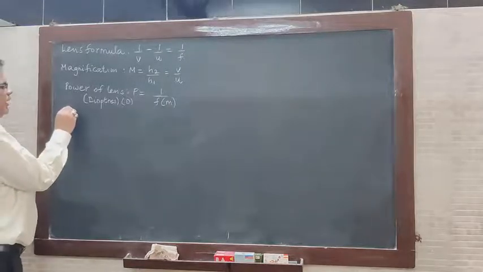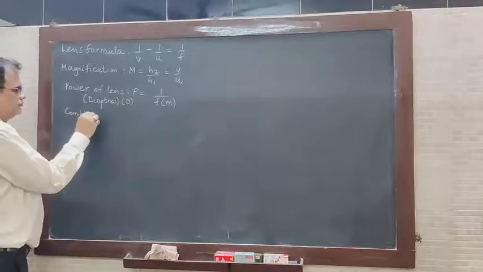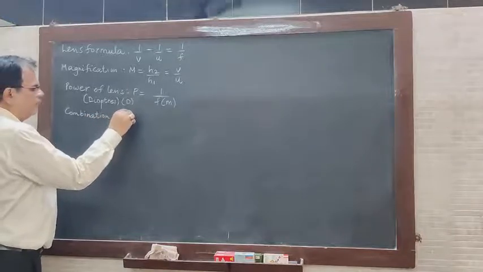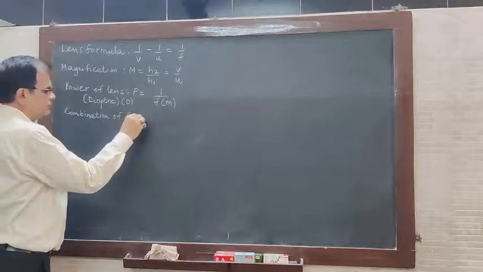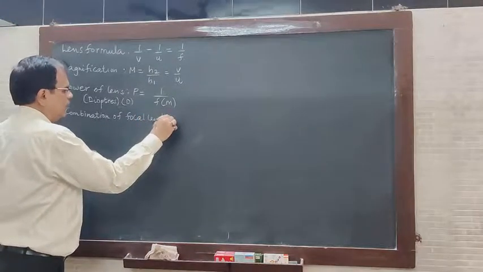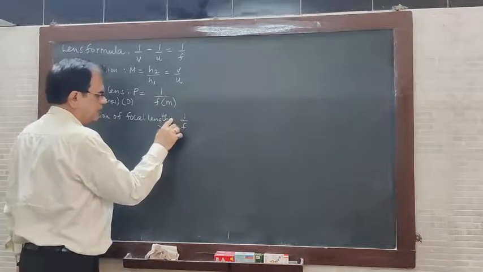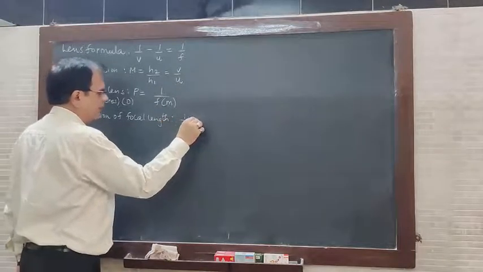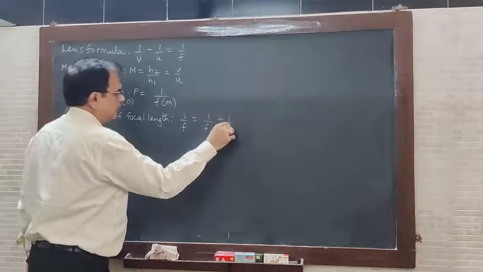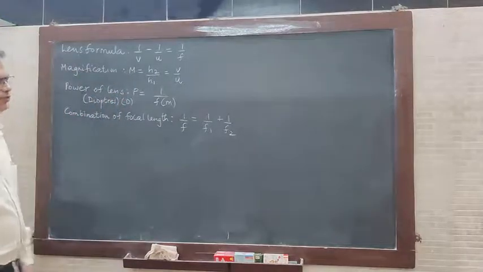Then combination of focal length. Combination of focal length 1 upon F is equal to 1 upon F1 plus 1 upon F2 and so on, 1 upon F3 and so on.